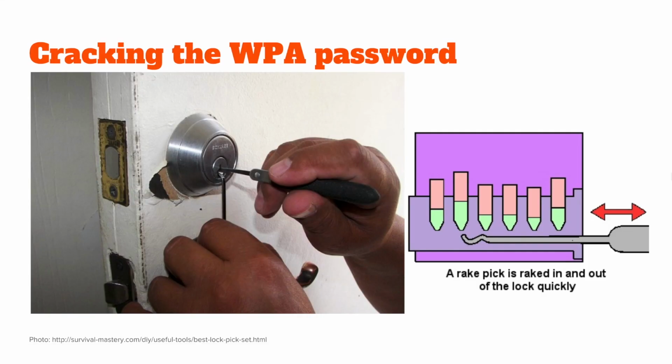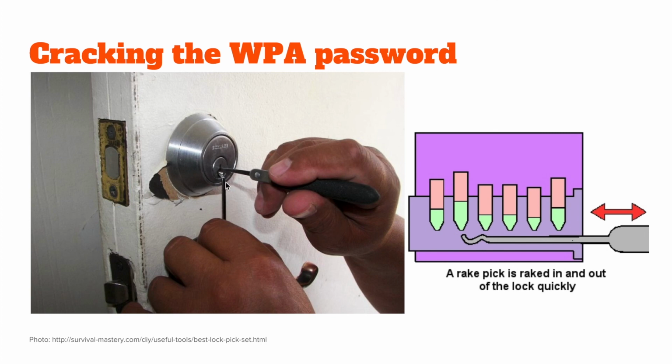So learning about this brute force cracking of the WPA password, it really reminded me of a technique that I picked up when I was like 14 or 15. And trust me, I never use this for bad, but I learned to pick locks, this basic lock picking technique here. It's called raking, like you would rake your leaves in the fall.